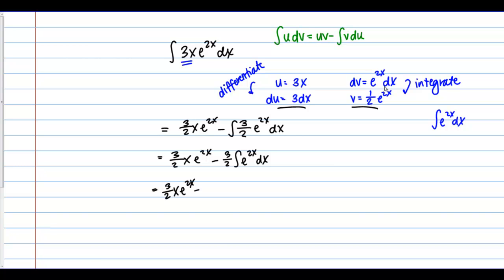So then if I evaluate the integral, I've got my 3/2 out front, and then it's going to be times 1/2 e to the 2x, and then I have my plus c. So then in the end it looks like I get 3/2 x e to the 2x minus 3/4 e to the 2x plus c as my final answer.